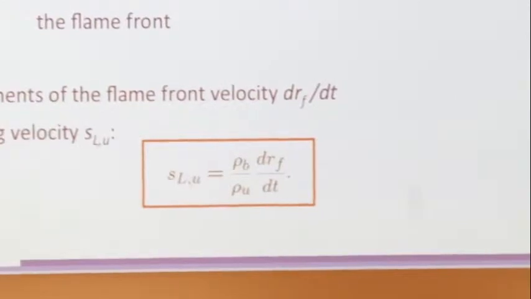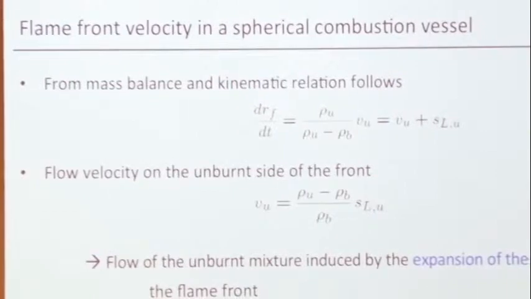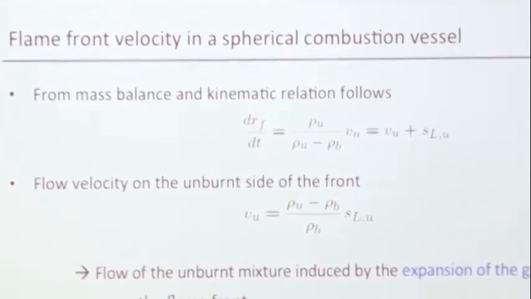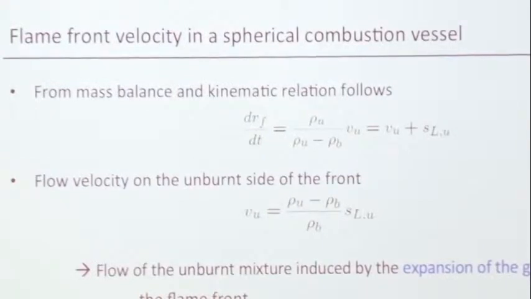If I now use this kinematic relation again and plug it in here, I get rdot equal to VU plus SL. Then I can solve this for VU, the flow velocity on the unburned side, as a function of SL.